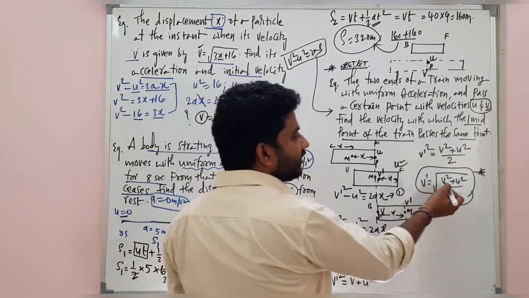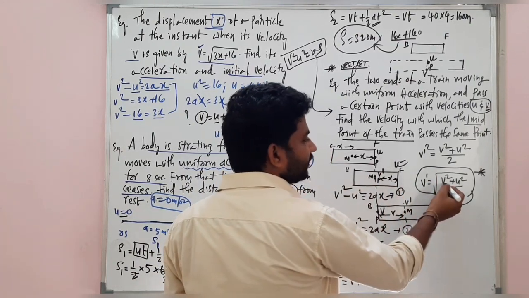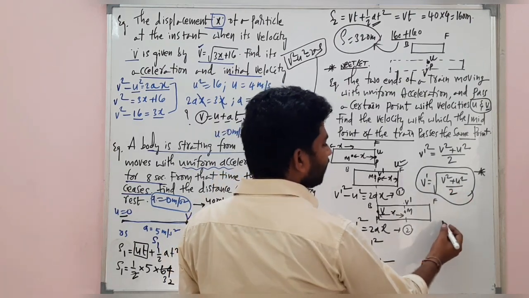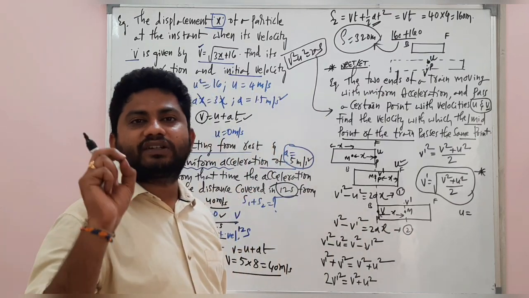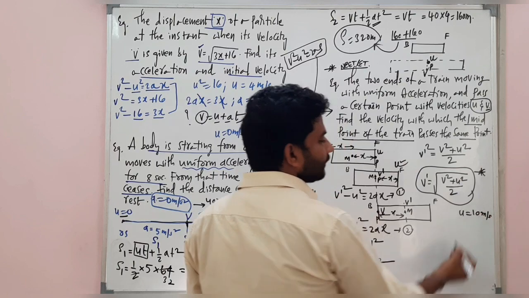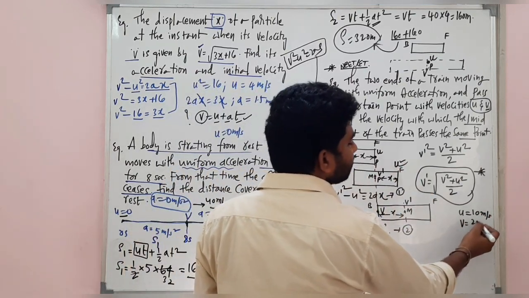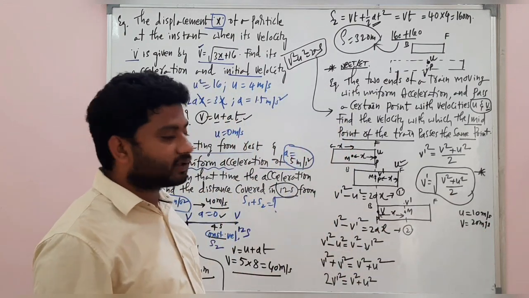If they give the final velocity and the initial velocity of the train, for example, if u is 10 meters per second, that means the front end of the train is passing with a speed of 10 meters per second and the back end of the train is passing the point with the speed of 20 meters per second.